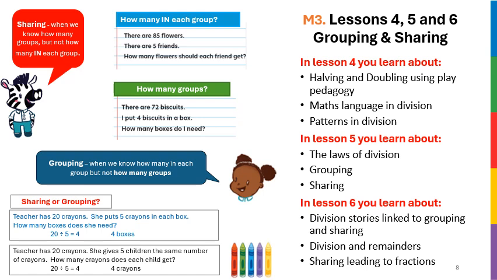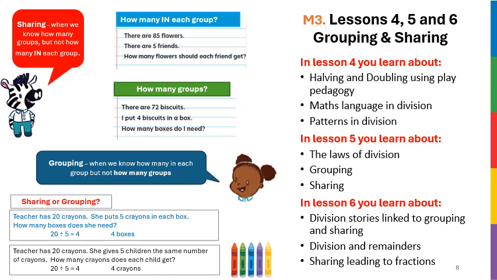She puts 5 crayons in each box. How many boxes does she need? There we see the answer sentence will be 20 divided by 5 is equal to 4. And so the answer is 4 boxes. Now my question is, is that a sharing problem or a grouping problem?